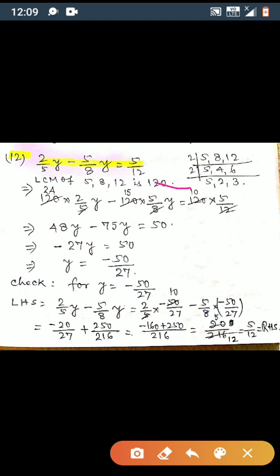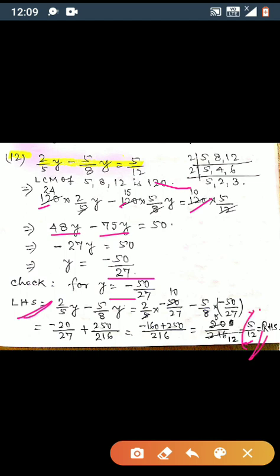So 24 times 2 is 48y, and 120 divided by 8, quotient is 15. 15 times 5 is 75, minus 75y equal to 120 divided by 12, that is 10. 10 times 5 is 50. 48y minus 75y equal to minus 27y equal to 50. Therefore y equal to minus 50 by 27.